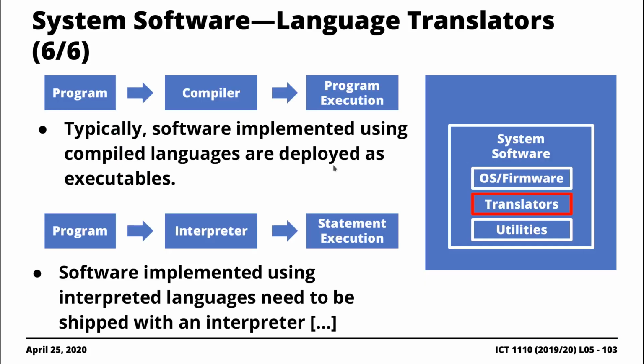I guess you could view that as being one of the drawbacks of an interpreter. If you write software using an interpreted language, you need to make sure that the person who's going to use that piece of software has access to an interpreter that they're going to use to execute that program. In the case of a compiler, you can actually compile the piece of software and just ship the program executable to the end user.